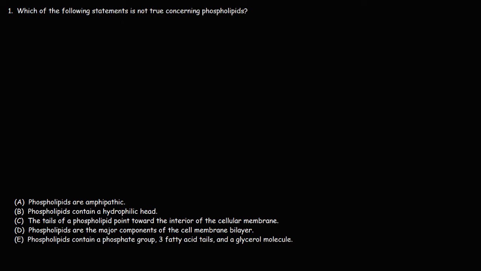Now let's work on some practice problems, just to review some of the things that we covered earlier in this video. Number 1, which of the following statements is not true concerning phospholipids?